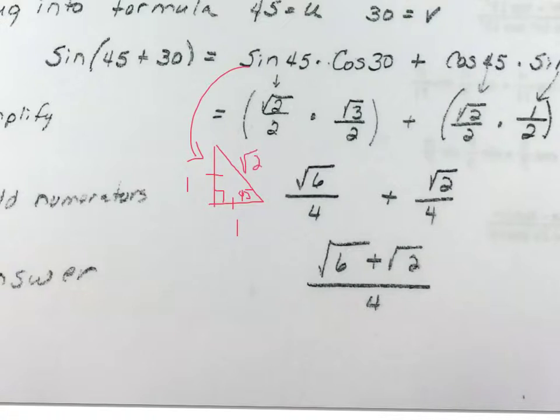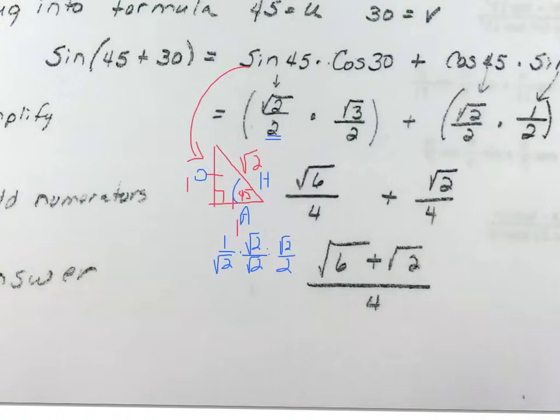Or, if you want sine of 45, well, the opposite from 45, the adjacent, and the hypotenuse. So you draw the triangle for the 45. Then they want sine. So sine of 45 is its opposite, which is 1, over square root of 2. So 1 over square root of 2, as you rationalize the denominator, that becomes square root of 2 over 2. And that's where that number comes from.